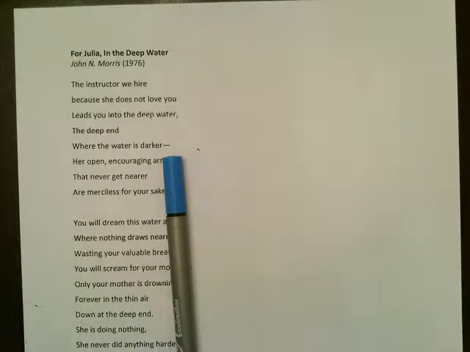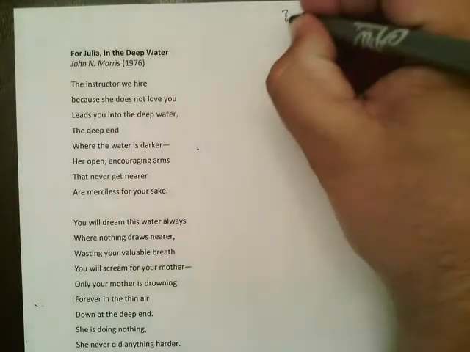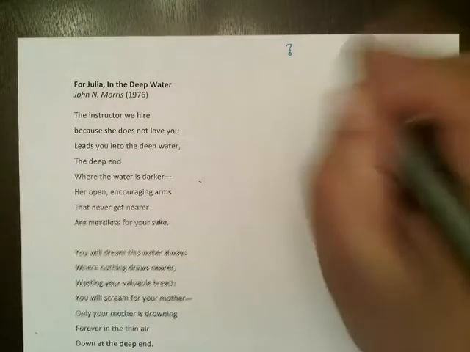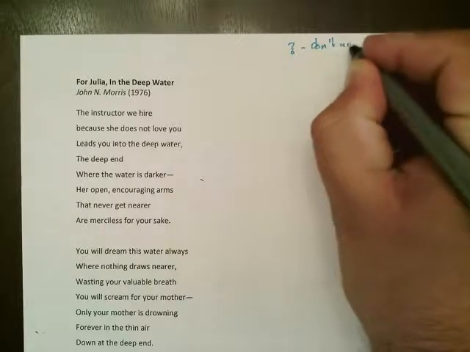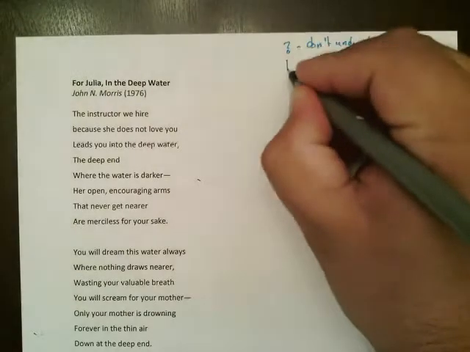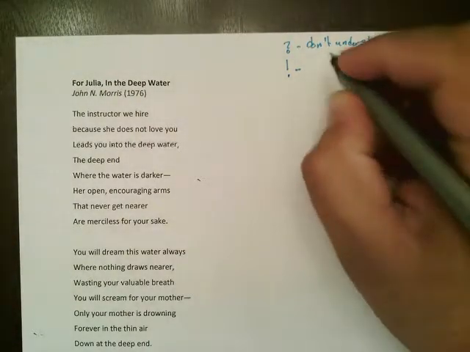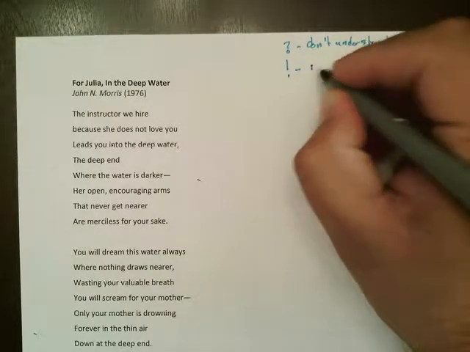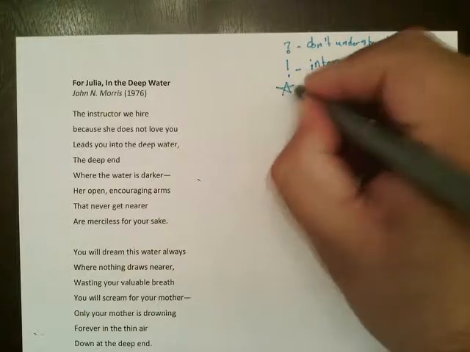It might be helpful for you to read the poem first on your own, and as you're doing that, you may want to question mark things that you don't understand. You can put an exclamation by things that you think really catch your interest, and then star anything that you think is important.